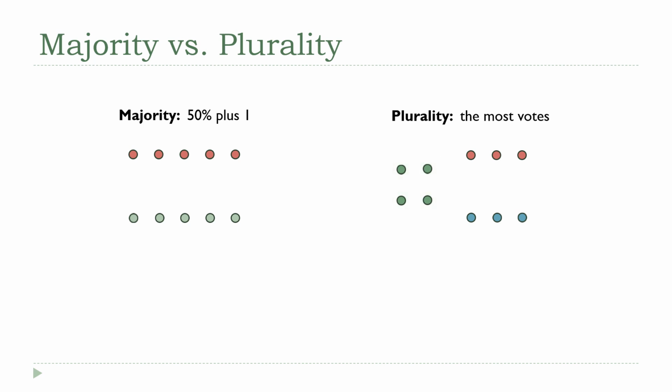So, what are some of the issues here? Well, first, as we saw, there's always a possibility of ties. We talked about that already, but I put it on here just for the sake of completeness. Second issue we can see with the majority system is that it has a tendency to limit the number of options, to limit the number of candidates.